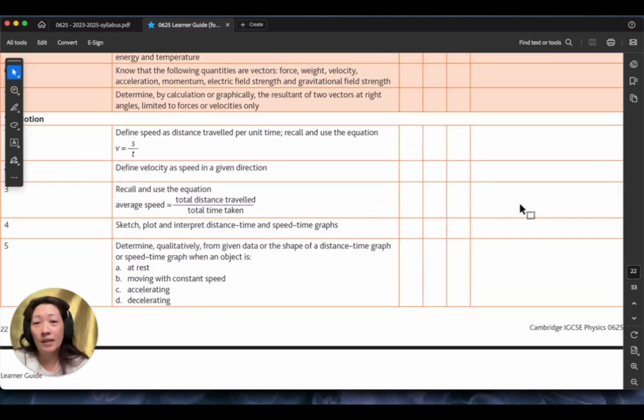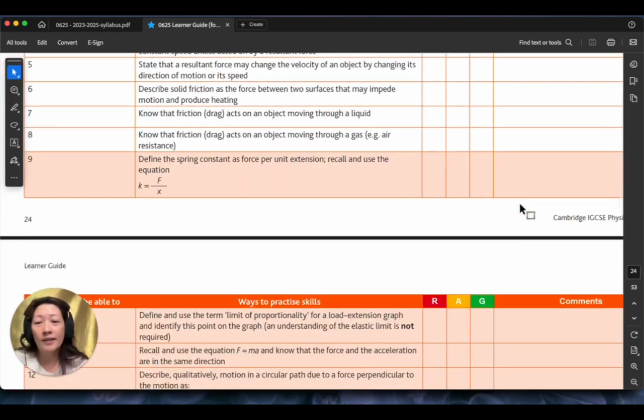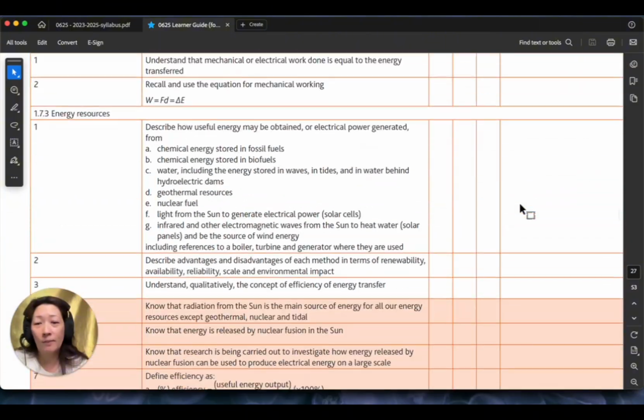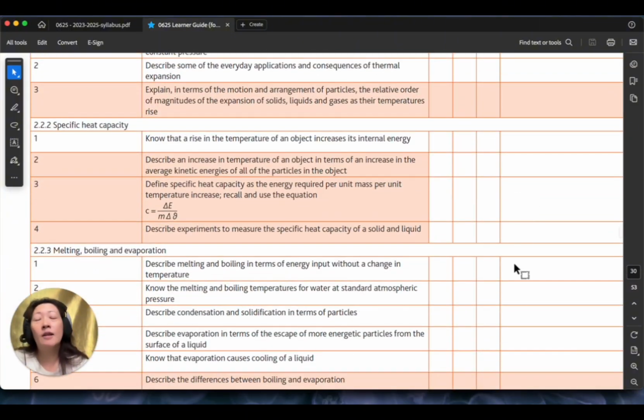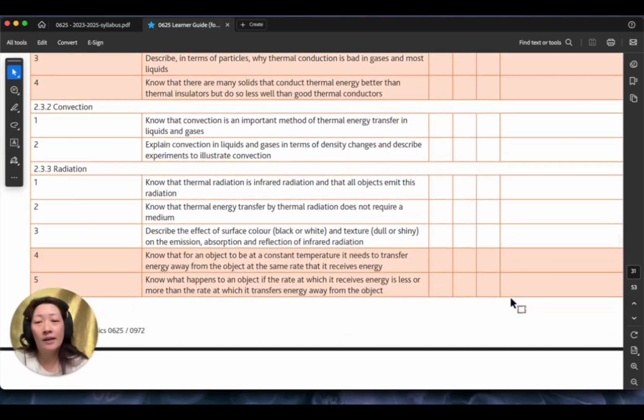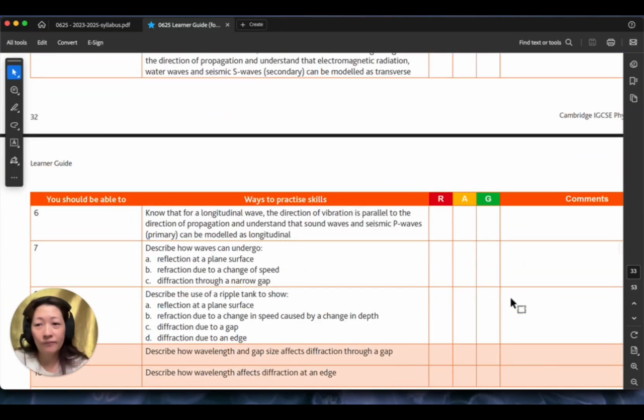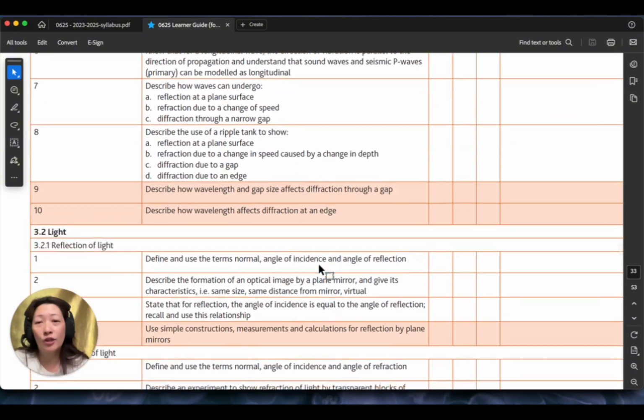Now, this document is very long and comprehensive because there are so many skills that you need to be able to do, but I suggest in order to practice for your exams, please go through this learner's guide line by line. Why? Because sometimes there may be some skills which you did not learn.